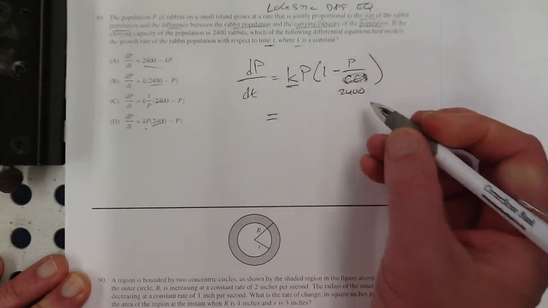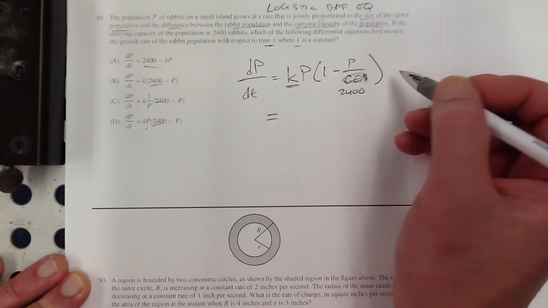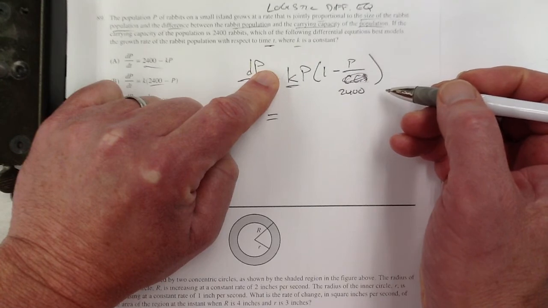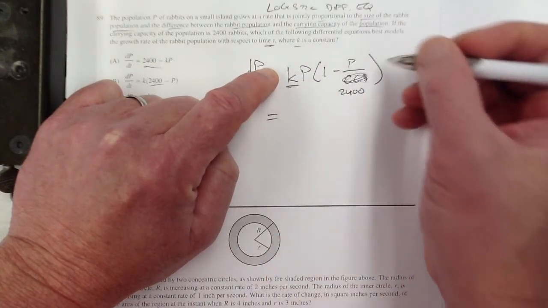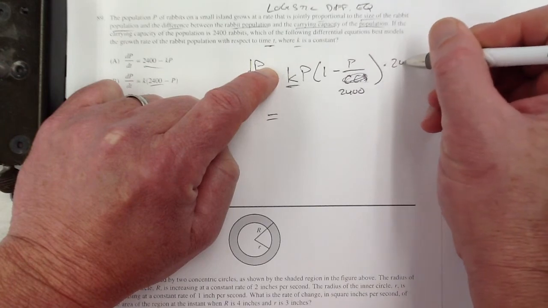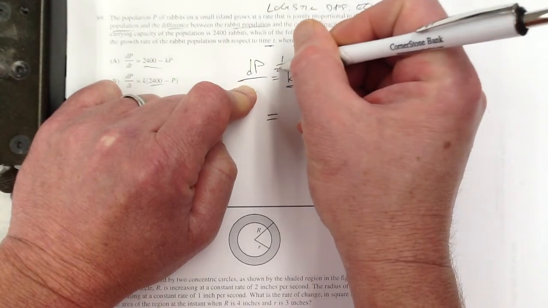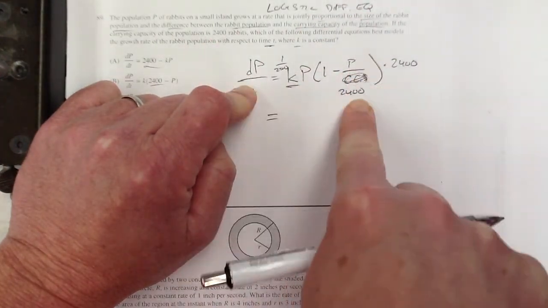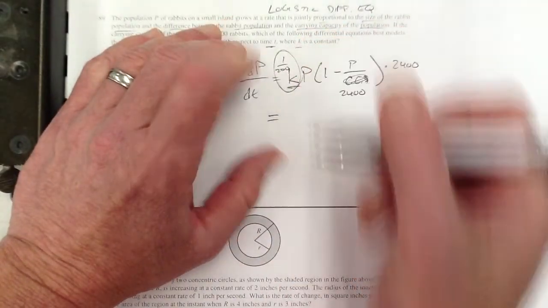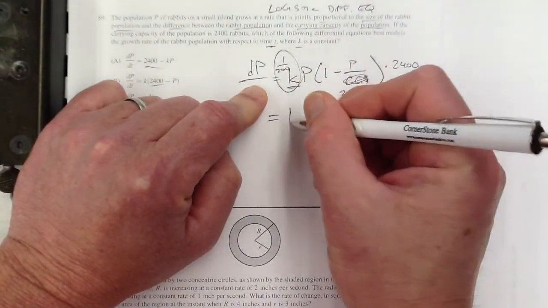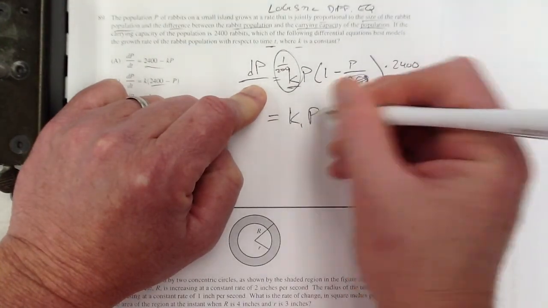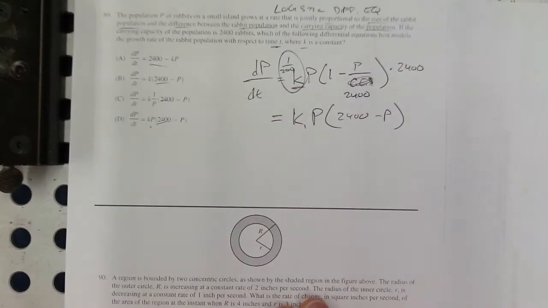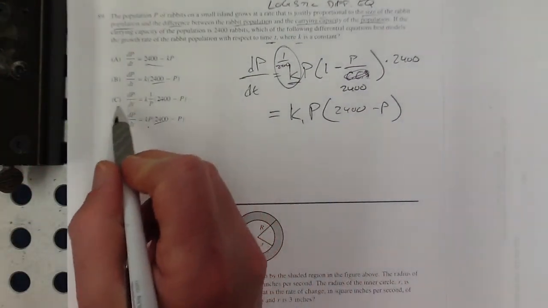It's just a new version of k, right? So if I multiply this whole expression by 2,400, basically I'm multiplying this part of it by 2,400 and this part of it by 1 over 2,400. Or you can think of it as factoring that out to the front. Either way, the moral of the story is the k, which we haven't solved for yet, is just some other version of that k now. And this is 2,400 minus p.